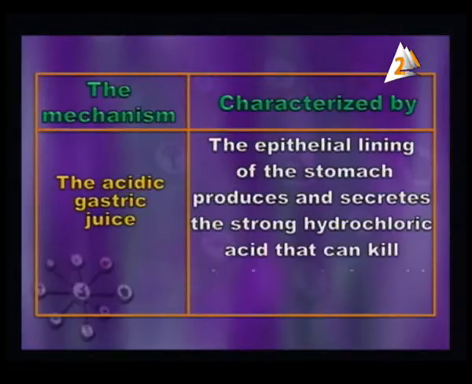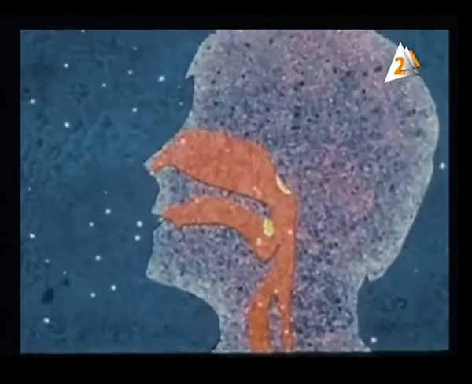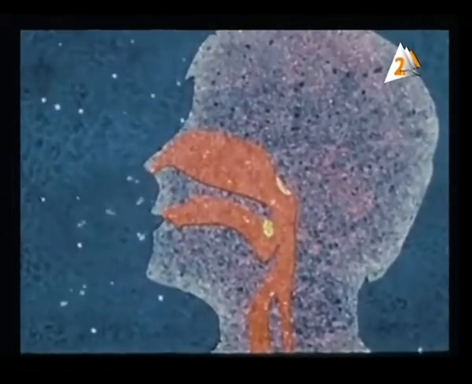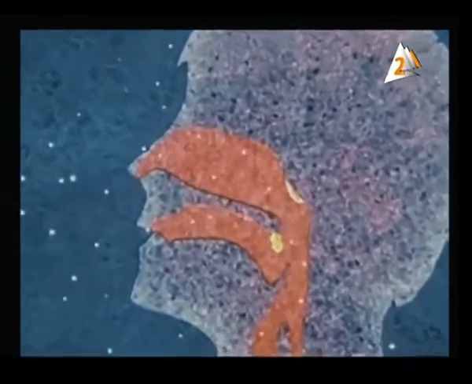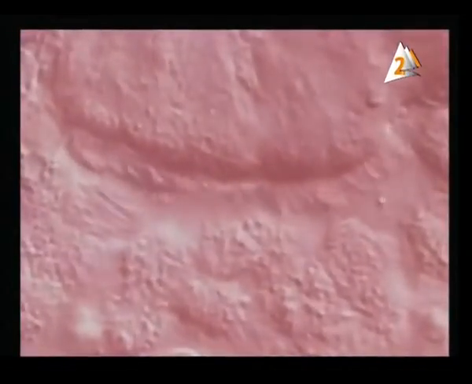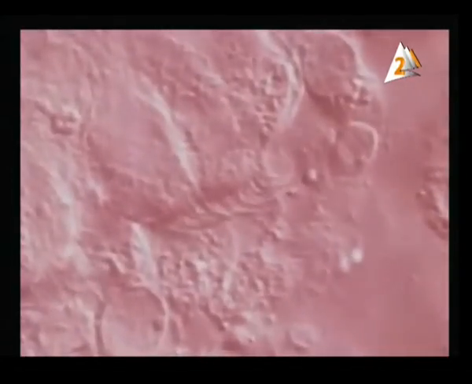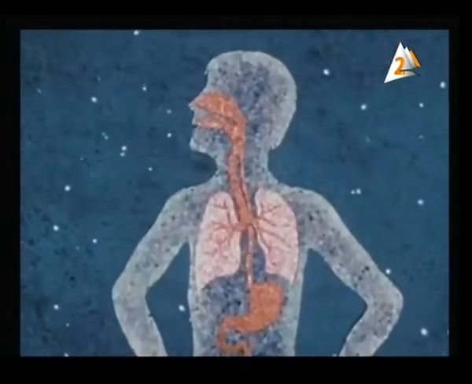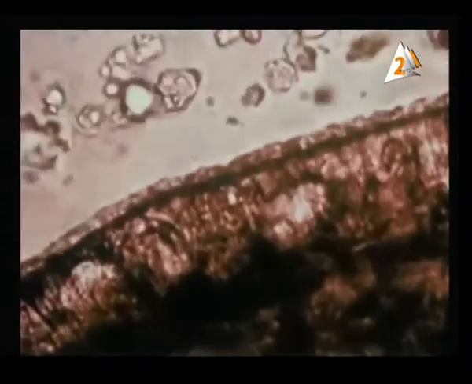The acidity of the gastric juice. Look at the film here. You find that the air entering from the nose contains some pathogens and foreign objects, and by the effect of the cilia and the mucus, they are expelled outside the body. And here the gastric juice is secreted by the epithelial lining of the stomach.